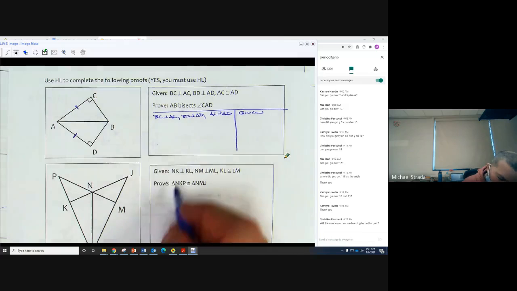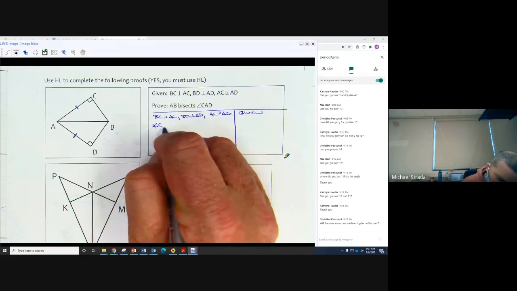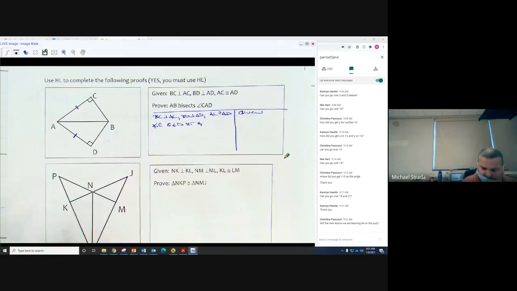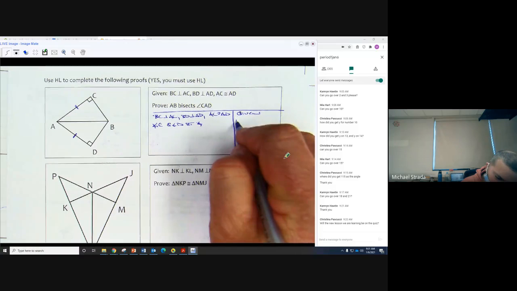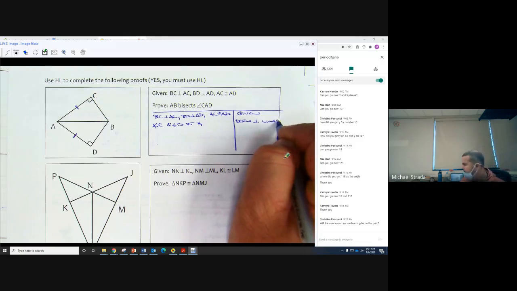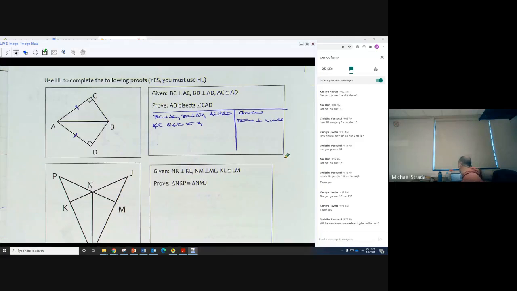All right. Again, please do not forget, angle C and angle D are right angles. Not that they're congruent, they are right angles. Definition of perpendicular lines.